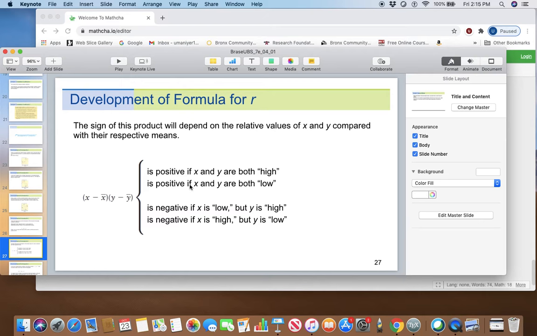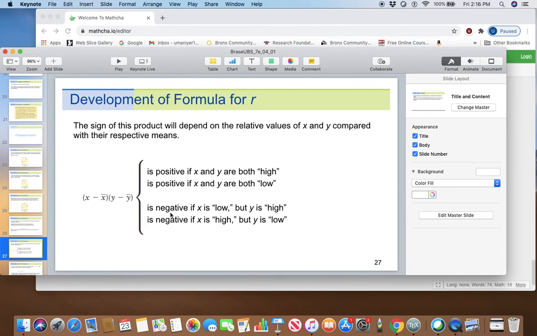If x and y are both low, that is, x is less than average, y is less than average, then you have negative and negative. Negative times negative is still positive, right? On the other hand, here is the option. X is high, so that's positive. Y is low, so that's negative.